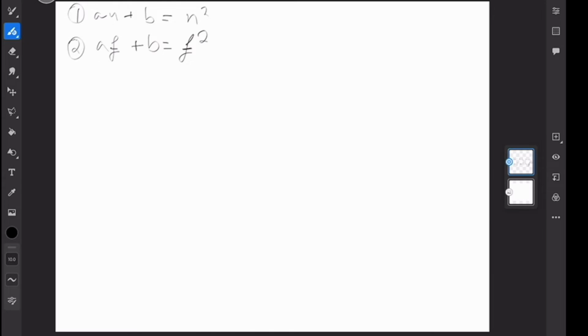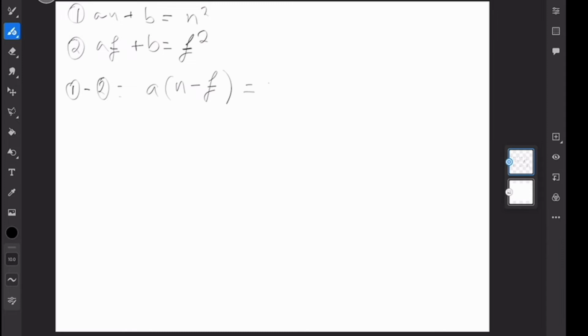Okay, well, I know I scared us a little bit talking about quadratic equations, but now we're solving with respect to a and b, so these are linear equations. We can simply take equation 1, subtract equation 2. So that would be a times, an minus af, which factorizes into a times n minus f. The b goes away.